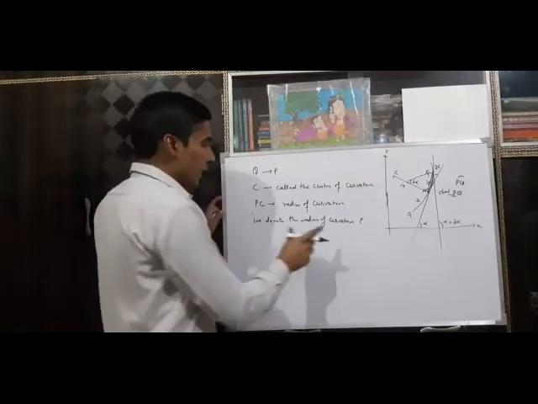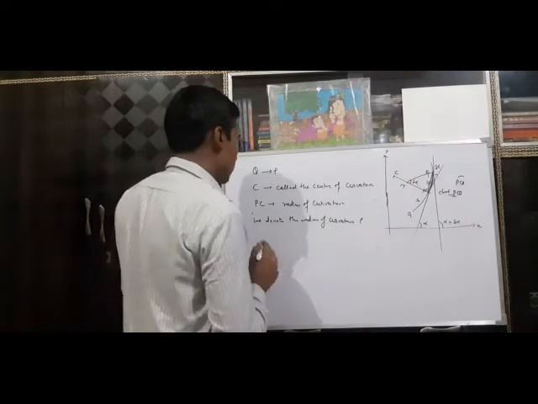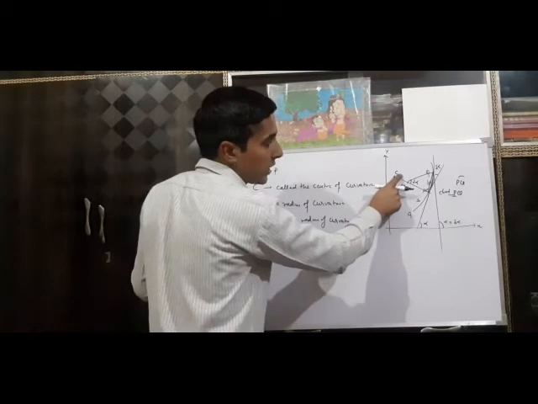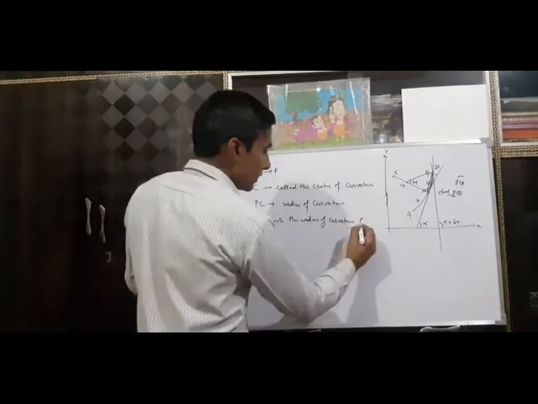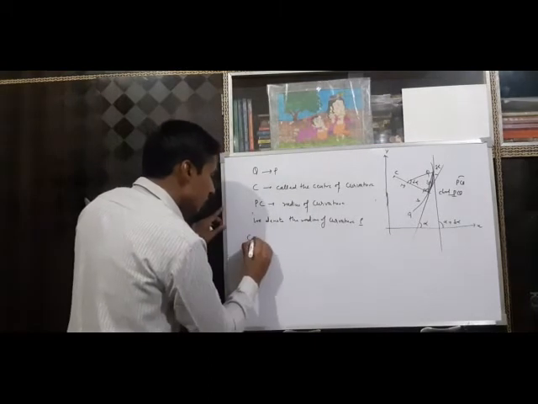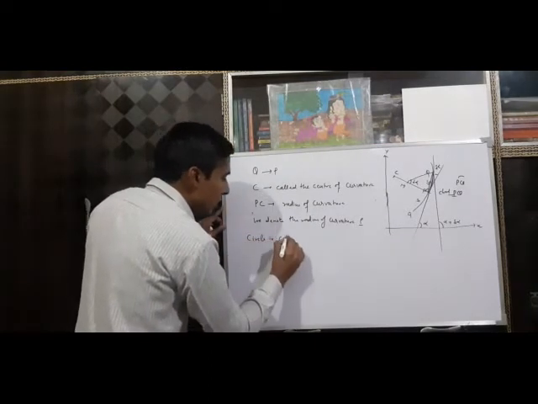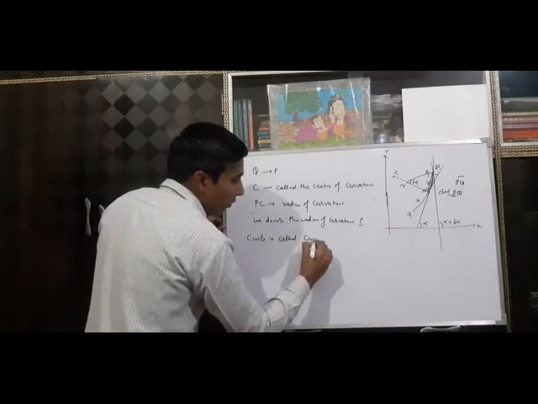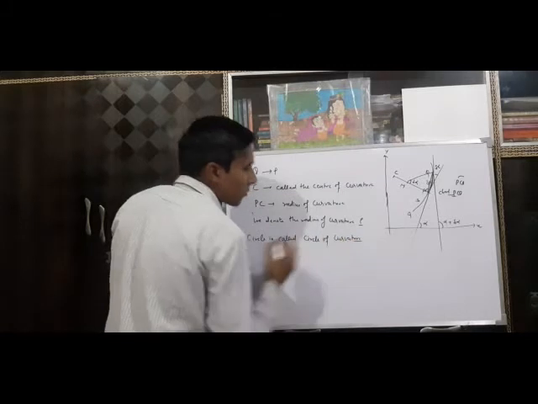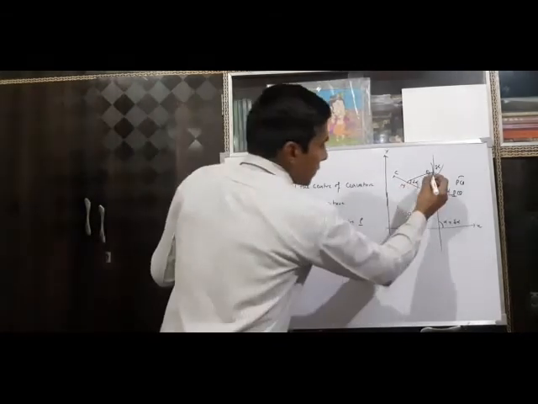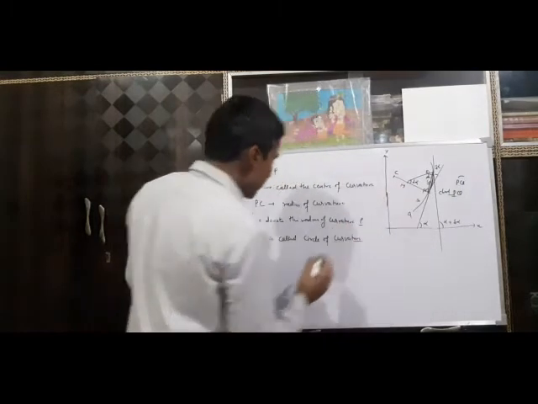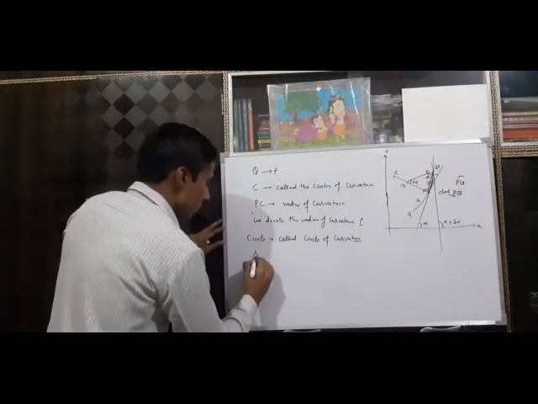Now we try to determine the radius of curvature, and the circle having center this fixed point C and radius this rho, then this circle is called circle of curvature. Now if we take this as angle phi, now consider the triangle PMQ.